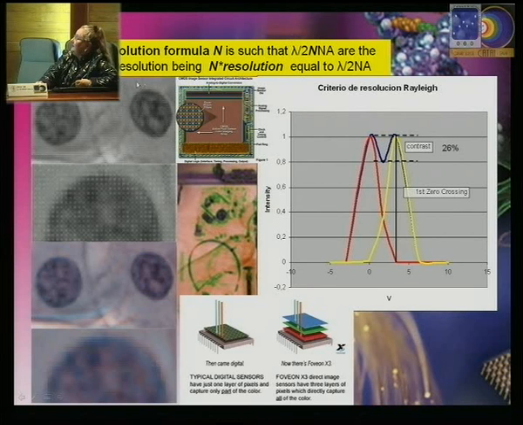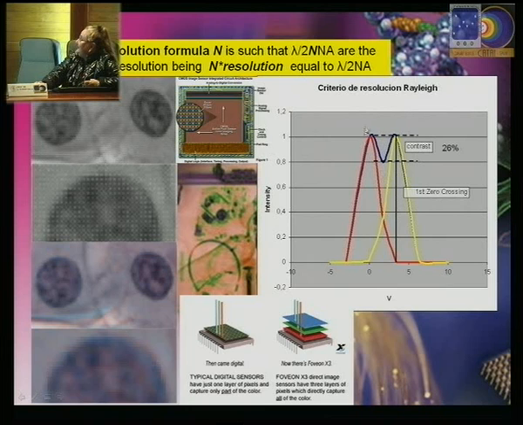So the classical Rayleigh formula is that one, but obviously you can add technology in order to increase the resolution, and this technology affects the N that modifies the resolution of the system.